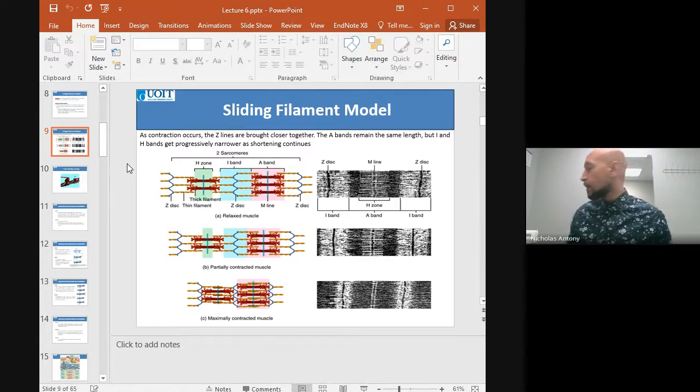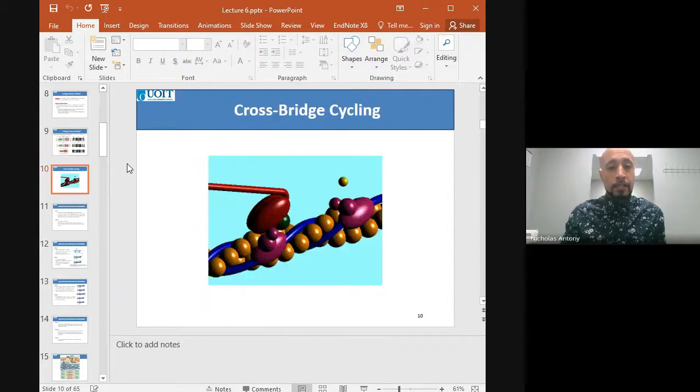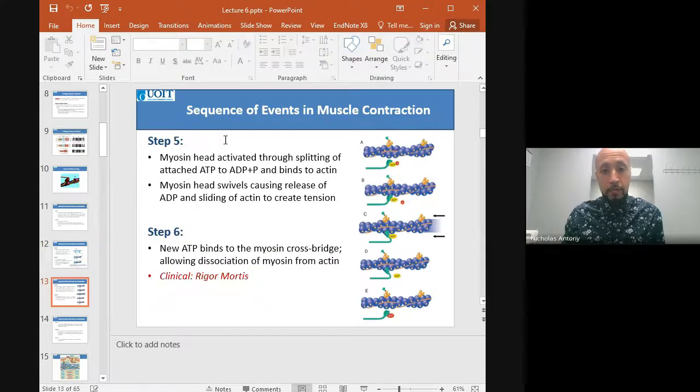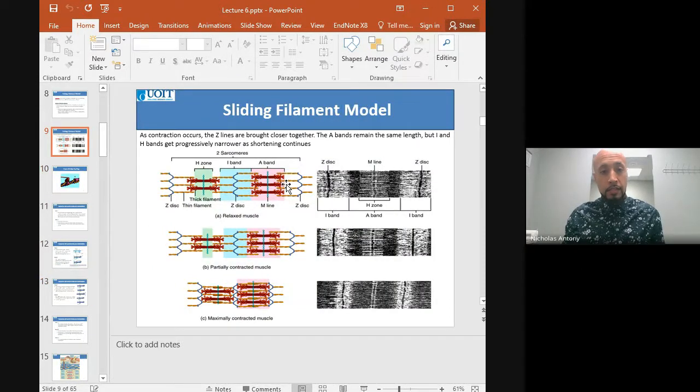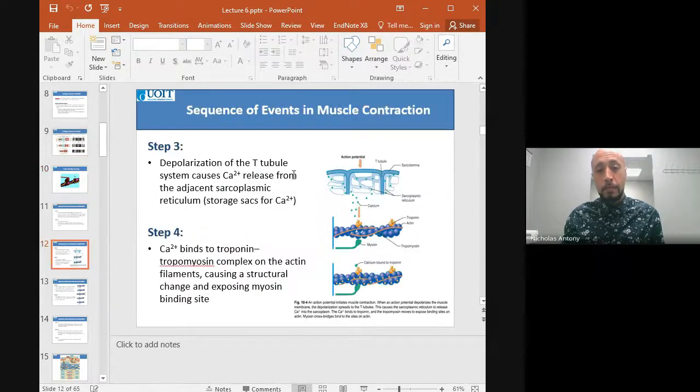Yeah, so if you looked at the diagram, there has to be one here somewhere. See how this is the actin. So this line is this. And when calcium comes in, the troponin and tropomyosin move off of the binding site for myosin on actin.